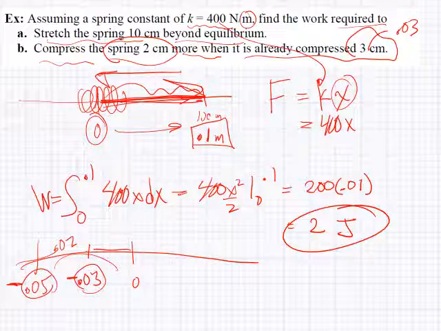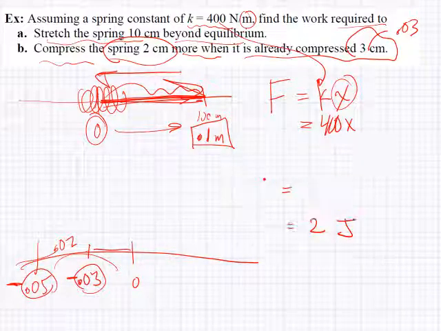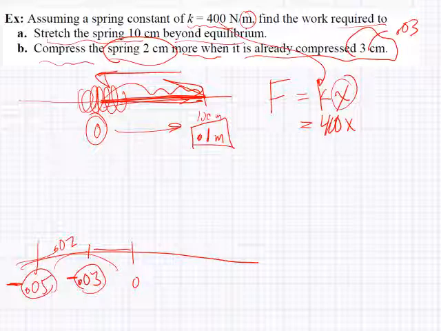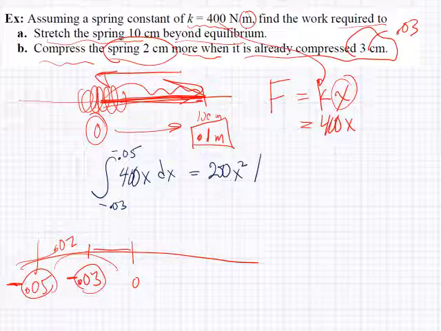So if we go to set up our integral, we already know that we're going to use the 400x. So we're going to go from negative 0.03 to negative 0.05 of 400x dx. So we already know we're going to have this 200x squared. We have to plug in negative 0.03 and negative 0.05.